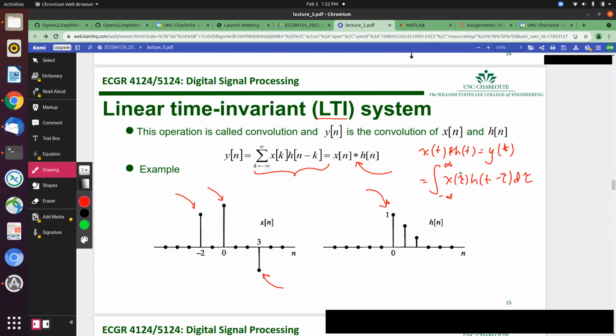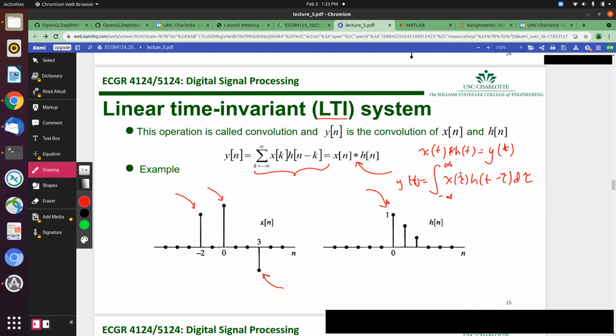And then you write that as y of t because you're integrating over tau. Tau goes away, and you have a function that only depends on t. When you integrate over a variable, it doesn't show up after the integration. It's no longer present. So tau goes away, and you have y of t.